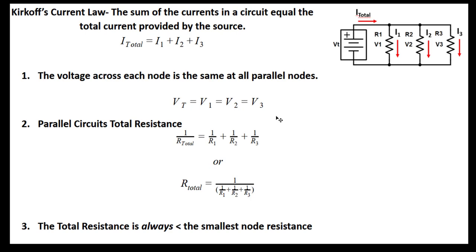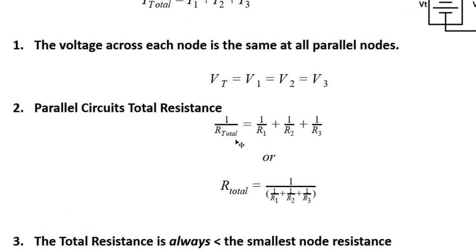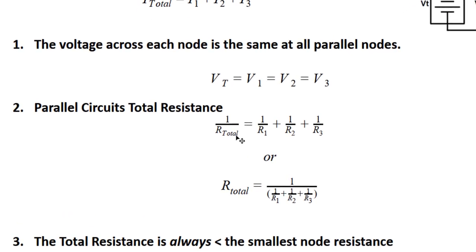So my next statement is that the voltage total, or the voltage of the source, is equal to the voltage across each element in the nodes. So VT equals V sub 1, which also equals V sub 2, which also equals V sub 3. This last idea is that the total resistance is equal to 1 over the sum of 1 over R1 plus 1 over R2 plus 1 over R3.